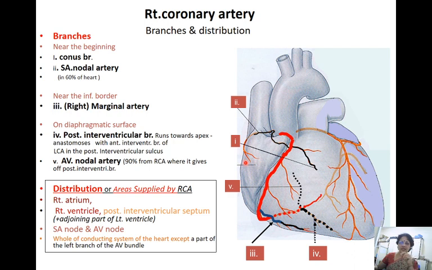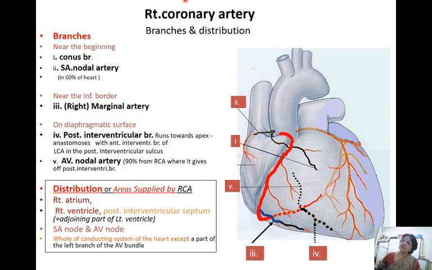If you can remember on which surface and position, you can identify which arteries are filled by the dye and which block will show. So please remember, the right coronary artery branches: near the beginning, the inferior border, 1 and 2.